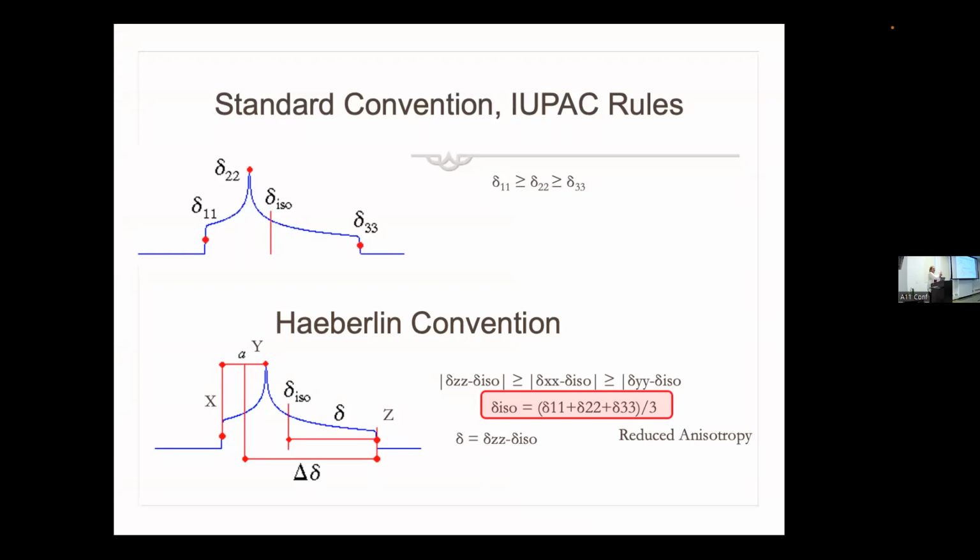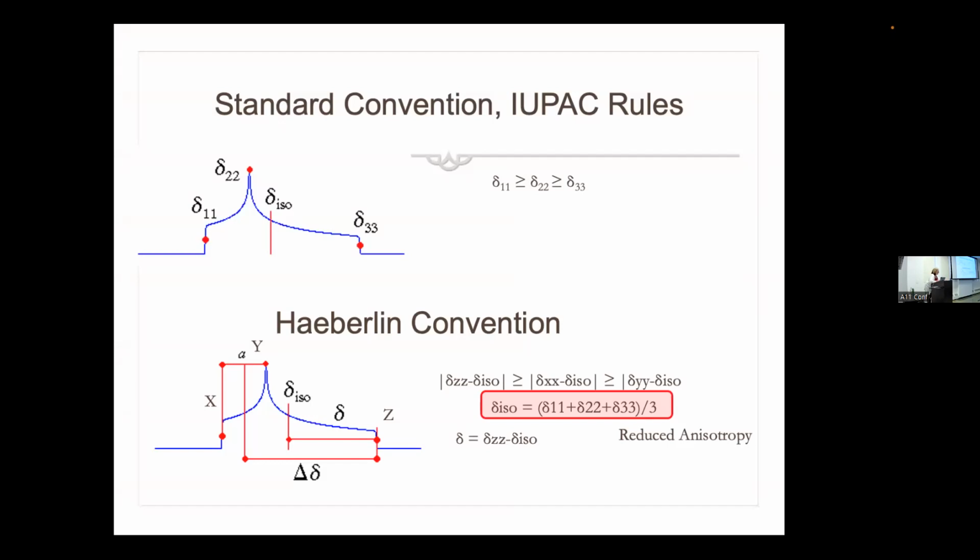So then you'd have to have an X and an X prime and things like that. Haeberlen says the Z should be whatever's furthest from the isotropic, but it could be higher or lower. Could be either way. It just depends on the properties of the electrons, okay? So Z is whoever's farthest away. X is the next farthest one, and Y is the closest to the isotropic.